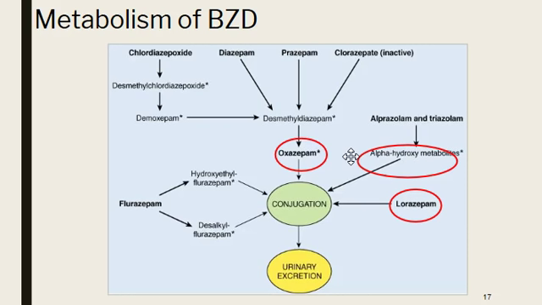Some of these active metabolites have a longer or shorter half-life than the parent compound. And so when you've got multiple doses, you can see something like residual drowsiness or residual loss of muscle coordination and some of these other benzo type of effects.